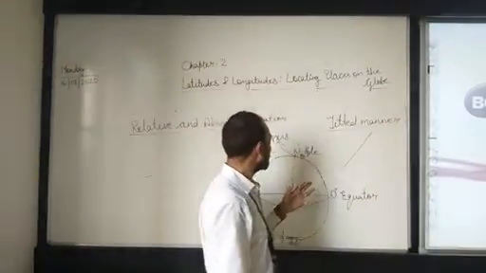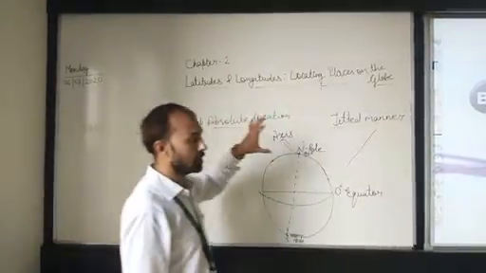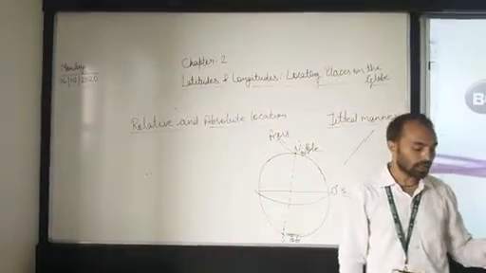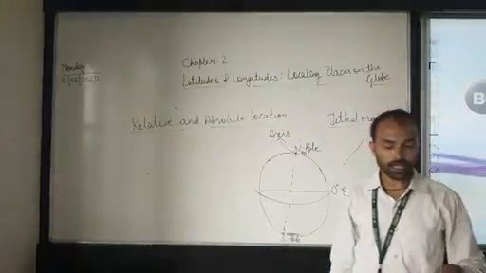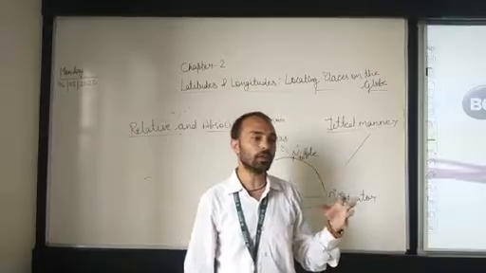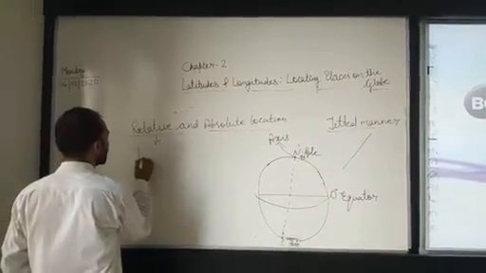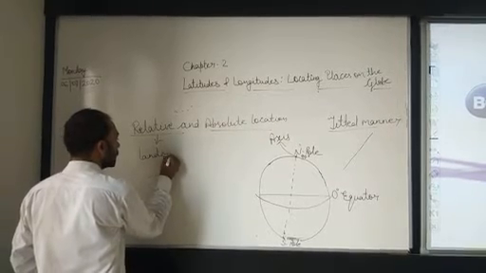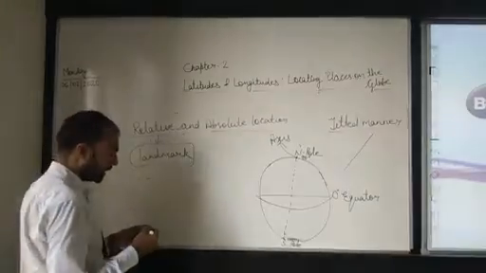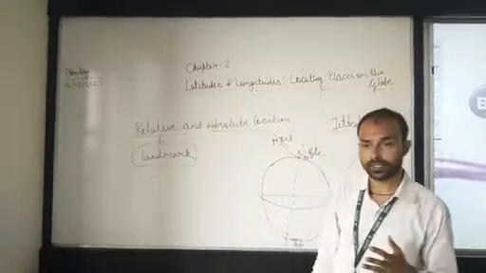Let me clear this for you: relative location refers to another location in context, just for finding the appropriate place, or you can call it the nearest landmark. What is the relative location? Nearest landmark.